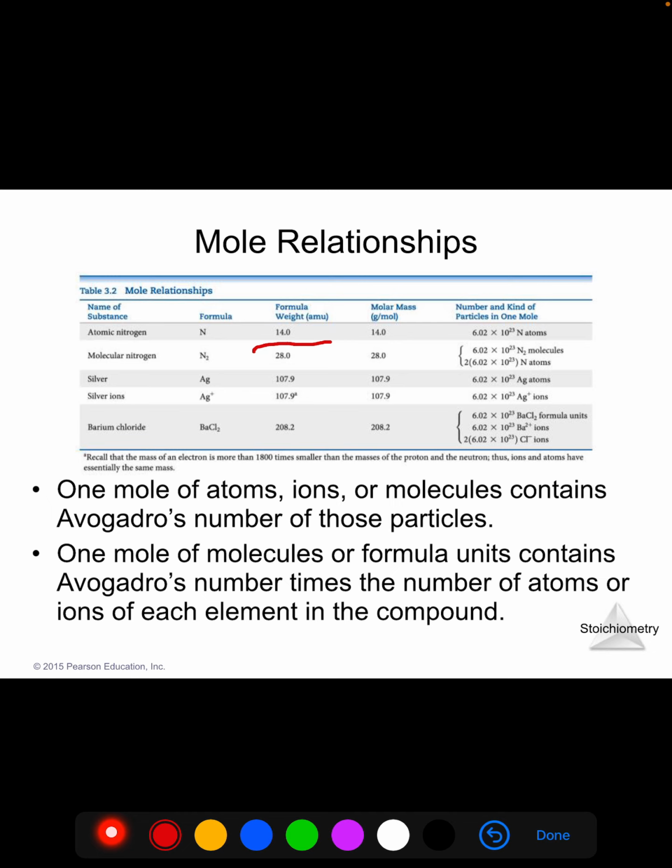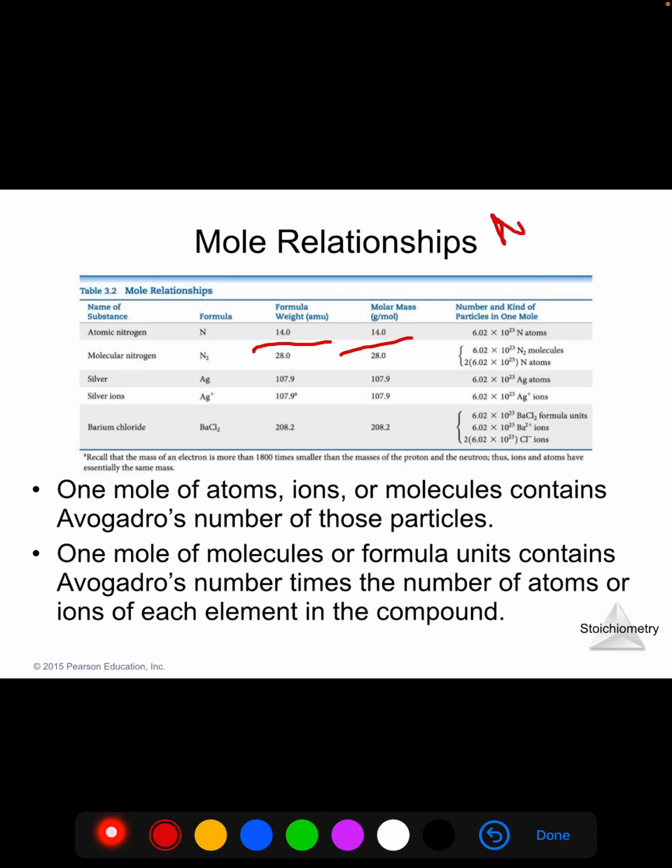They'll have this defined unit, atomic mass unit, which 1 equals 1/12 of a carbon-12 atom, but not very helpful. But when you look up at the periodic table, you see nitrogen has an atomic mass of 14. That means if I had a mole of nitrogen atoms, it would weigh 14 grams, or the molar mass of nitrogen is 14 grams per mole.